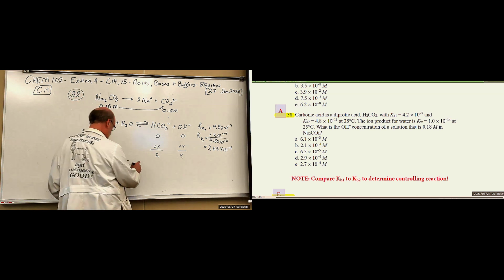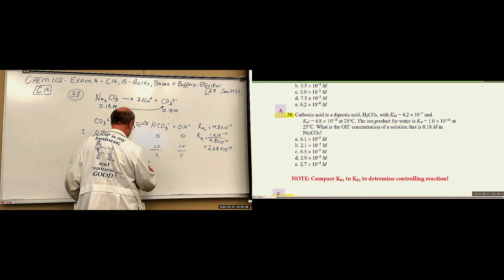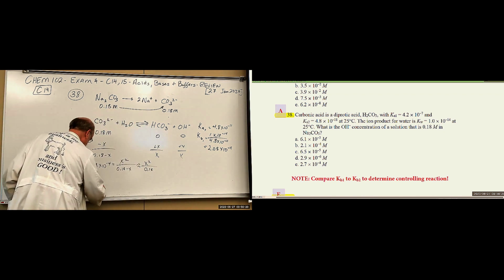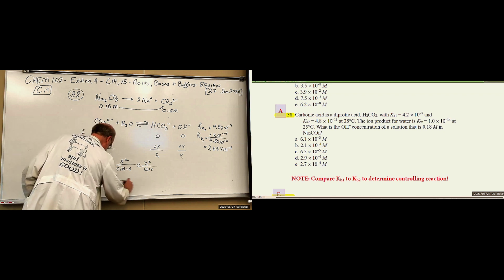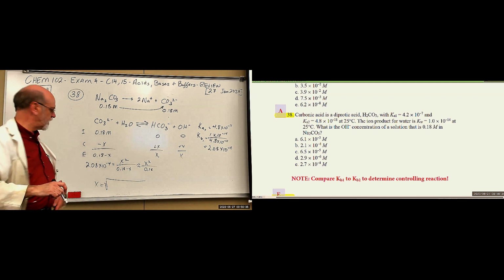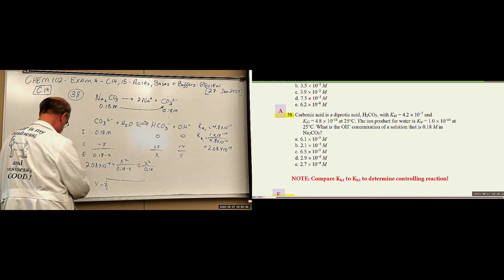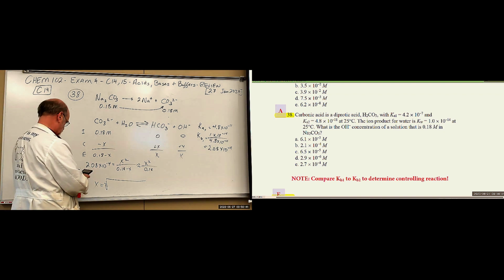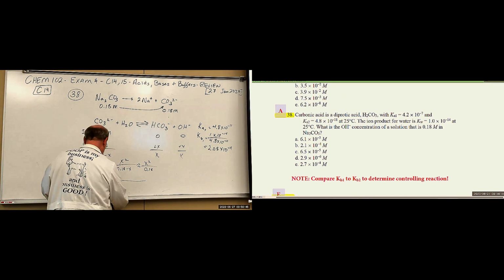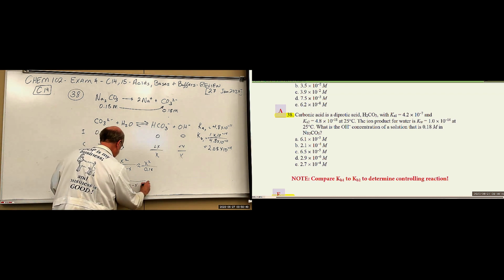So we're safe in saying this is approximately x squared over 0.18. So x is going to be the square root of 0.18 times 2.08 times 10 to the minus 4. So that value is 3.75 times 10 to the minus 5.